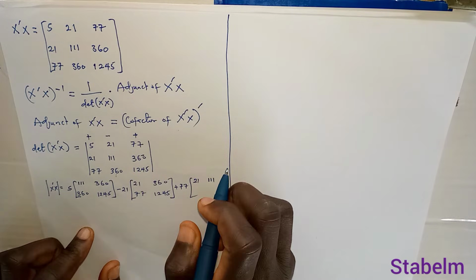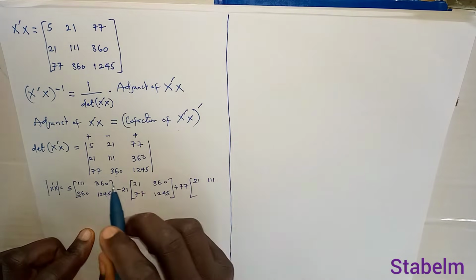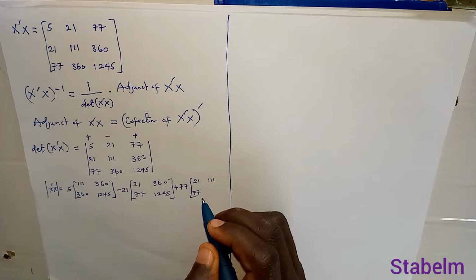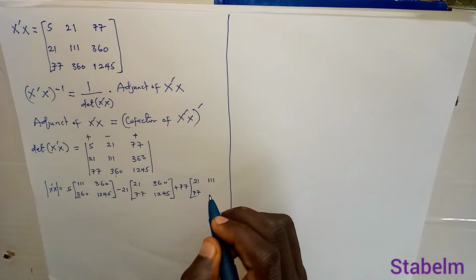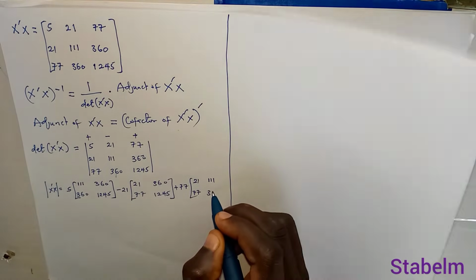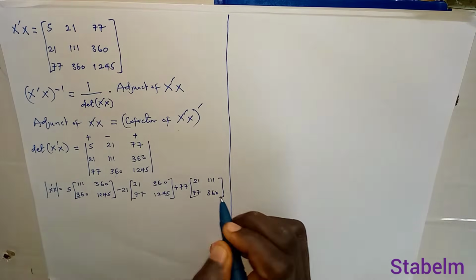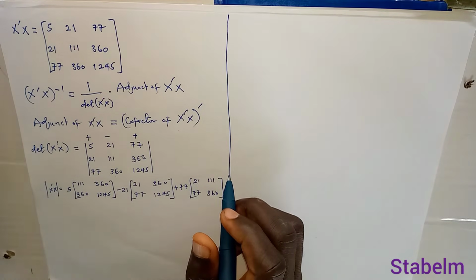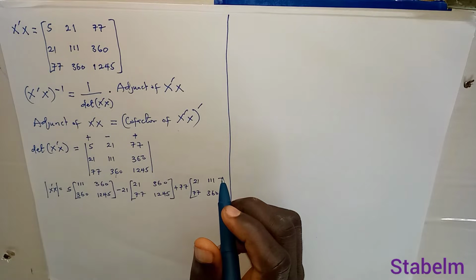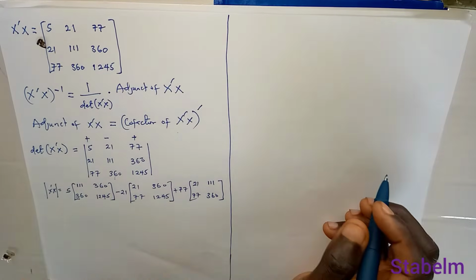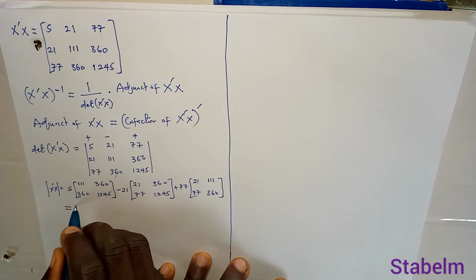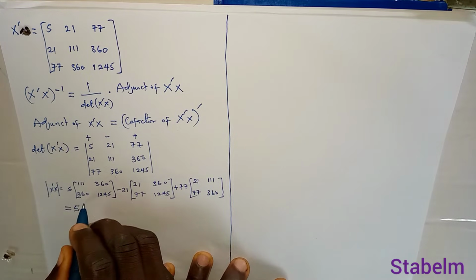All right. So now, what next are we going to do? This is equal to 5 into bracket.